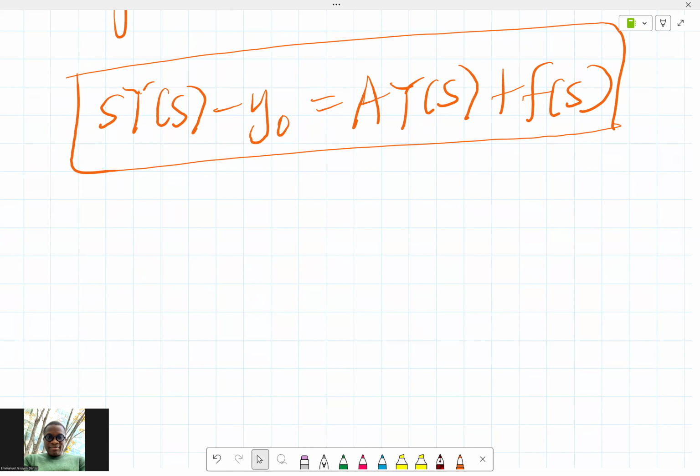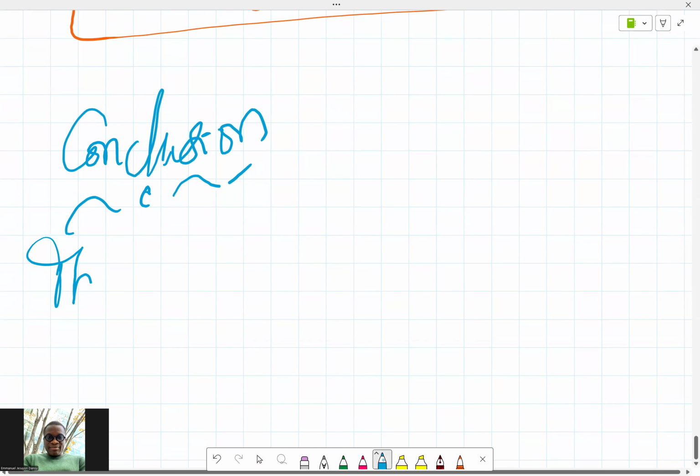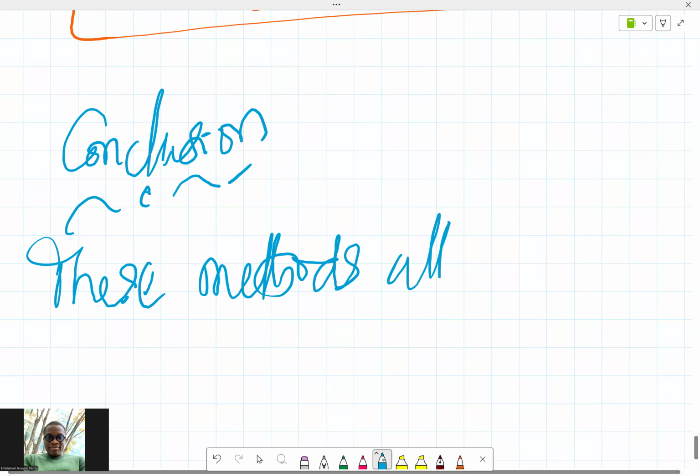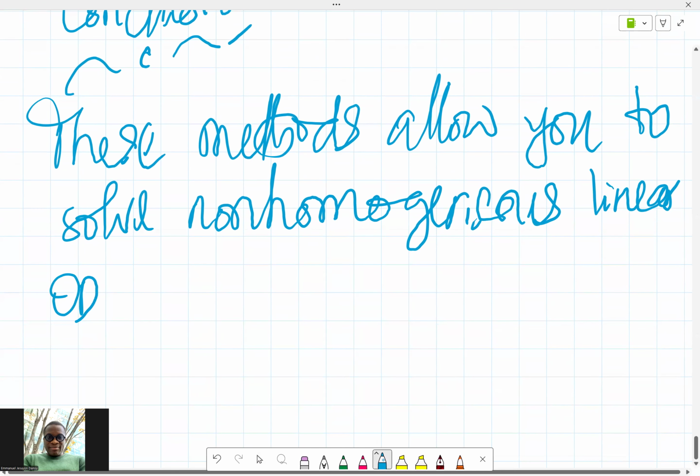So in conclusion, we've seen different things so far. You've seen all these different methods. These methods allow you to solve non-homogeneous linear ODE systems, ordinary differential equation systems, in various scenarios.